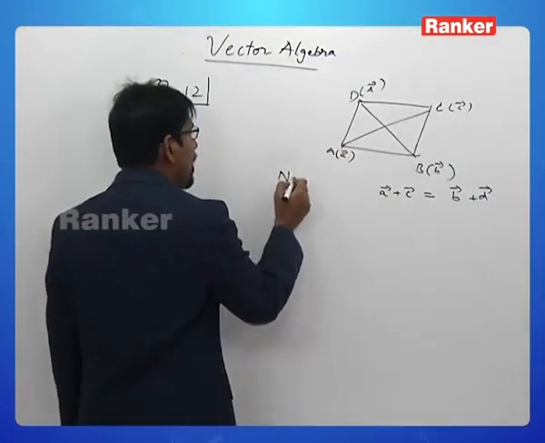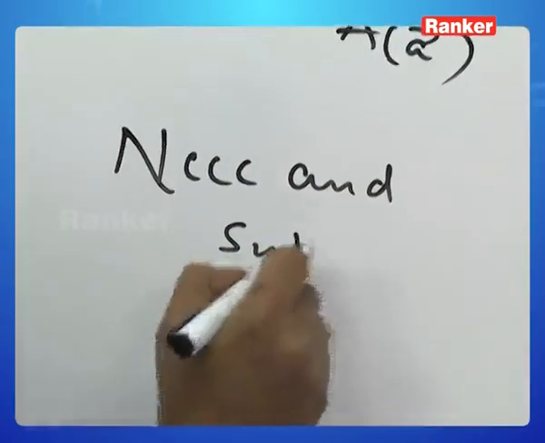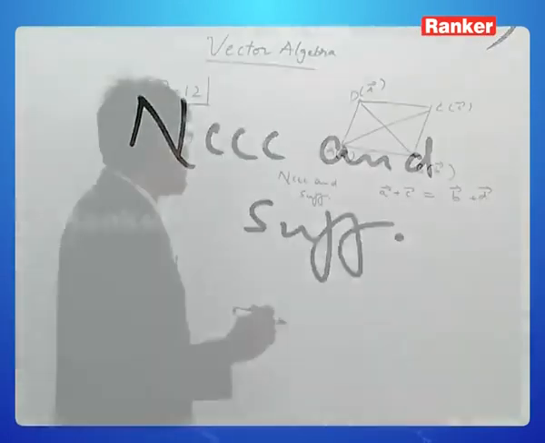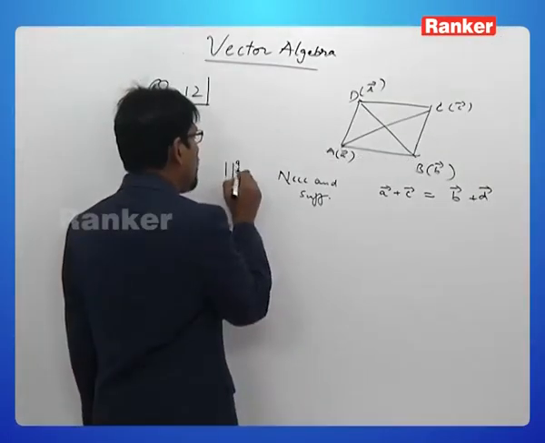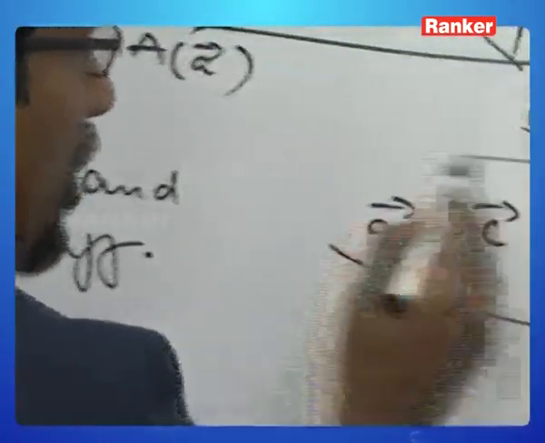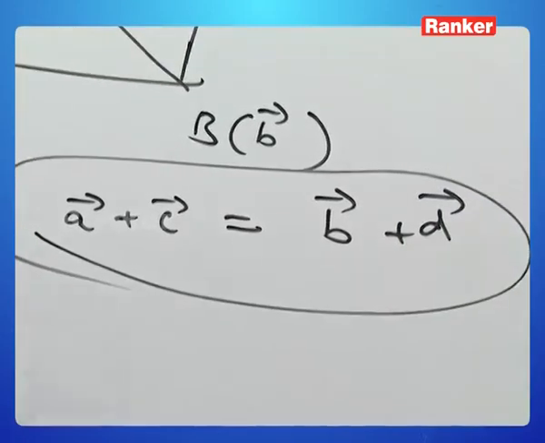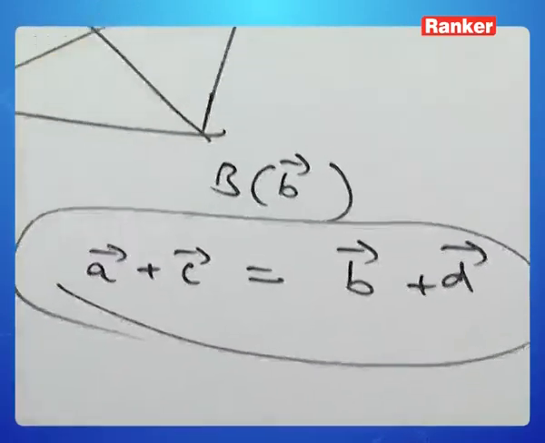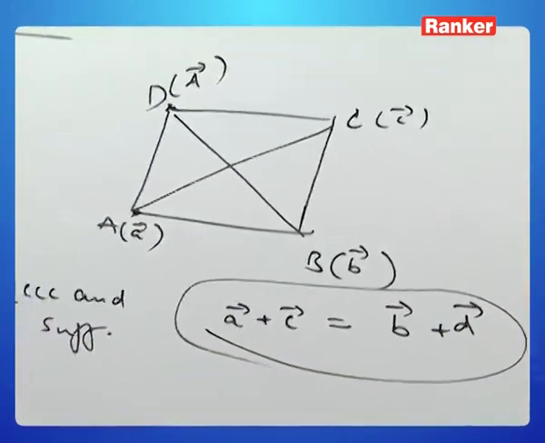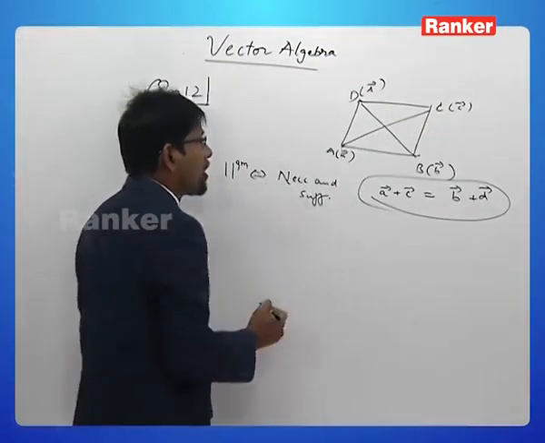This is the necessary and sufficient condition for a quadrilateral to be a parallelogram. Parallelogram if and only if a bar plus c bar is equal to b bar plus d bar. That is, the sums of the position vectors of the opposite vertices have to be equal.